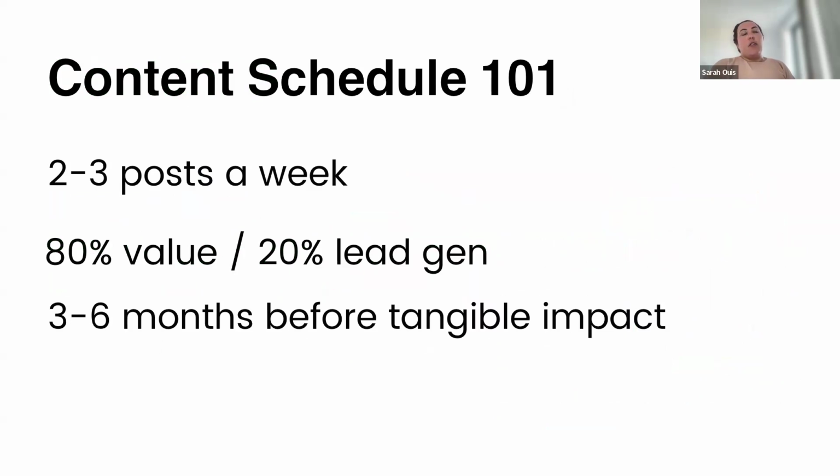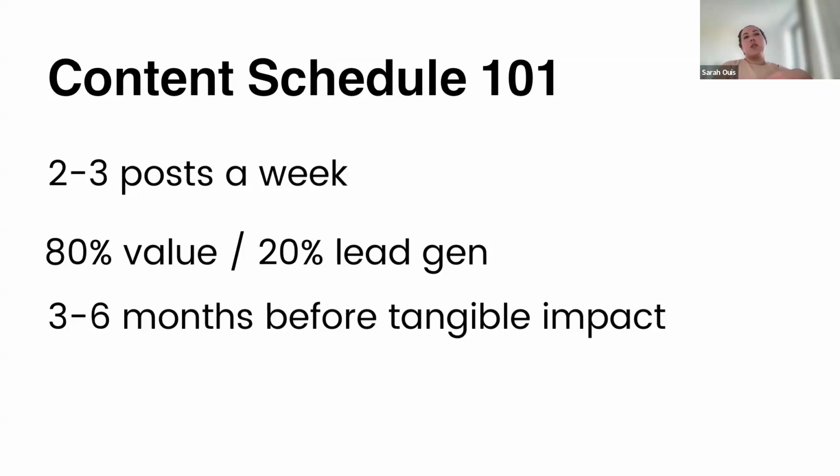Honestly, it depends on how new you are to this, but to this day, I don't have a heavily complicated schedule, right? My goal is to post 2 to 3 times a week. And I often do more because obviously I'm a heavy user. And what you want to do in terms of the cycle, it's an 80-20 ratio.